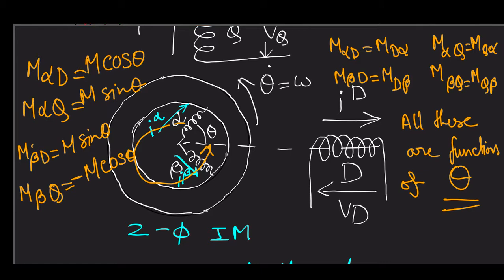For alpha, it is very clear why it is M cos theta and sin theta, and for beta, you just need to add that beta is 90 degrees apart. So for beta d, it should be theta minus 90 degrees, so that will be sin theta, and for beta q it should be theta minus 90 degrees, therefore it is minus cos theta.